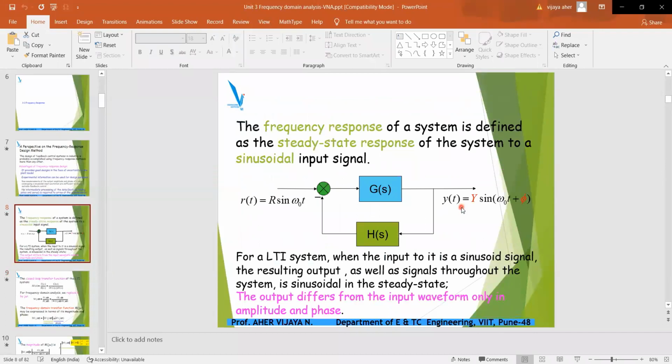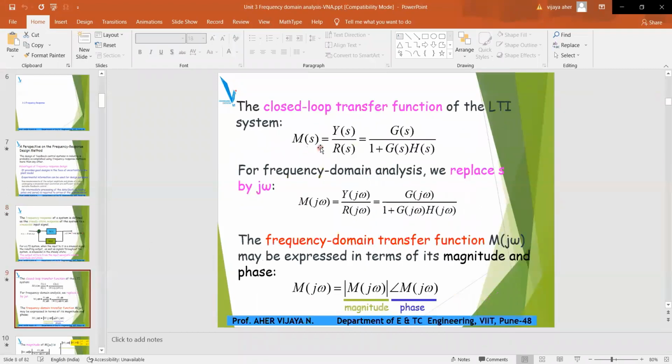So the ratio of the Laplace of output, that is Y of S, to the Laplace of input, that is R of S, is nothing but the transfer function, which we denote by capital M of S. The closed loop transfer function for an LTI system is Y of S divided by R of S, which is equal to G of S divided by 1 plus G of S into H of S. This is the equation for the transfer function for a closed loop control system.